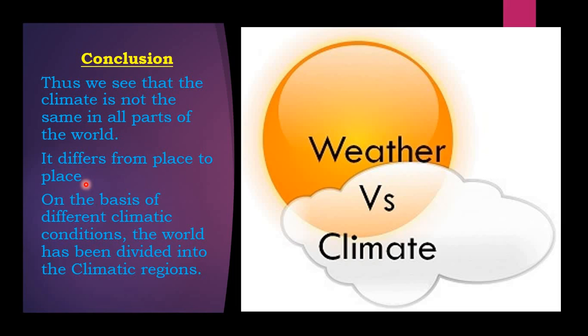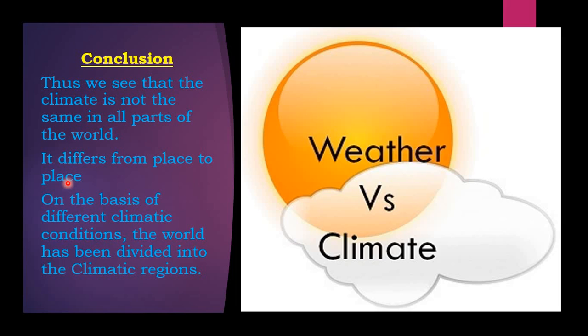As I explained at the beginning of the class, climate or weather does not affect all places at a time, because climate differs from weather. Even climate will change after a long time, but weather keeps on changing. So it may not be the same in every place.